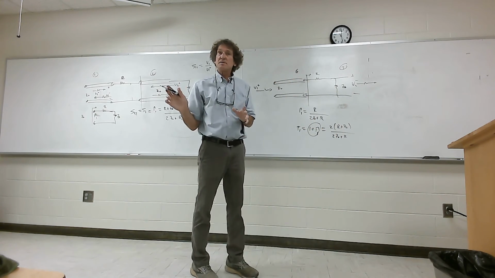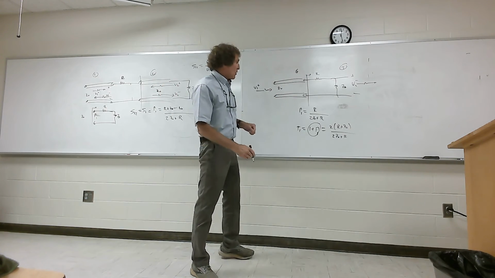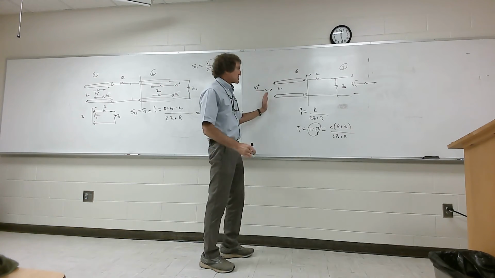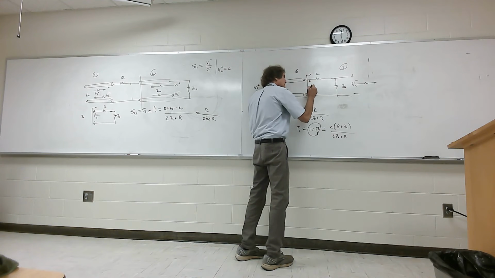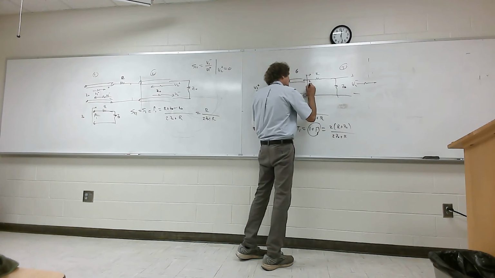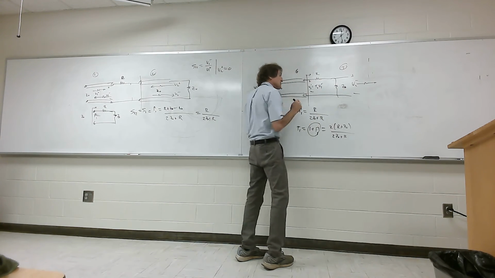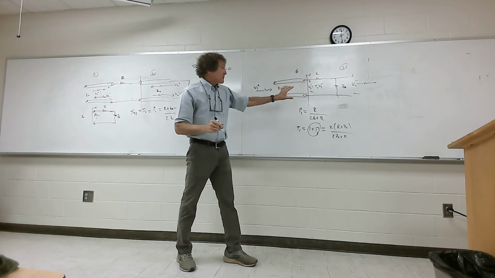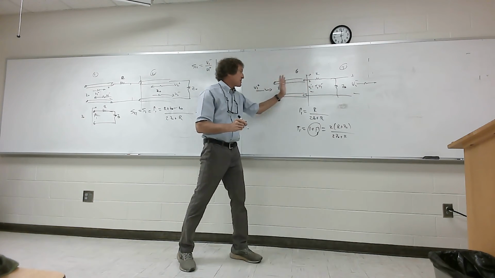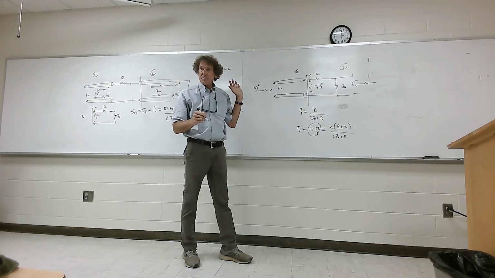You all follow me, class? Either one of those two is fit. Now, when I've got V1 plus coming in, the voltage just on the other side of that transmission line, I'll call it V1 prime, is equal to the transmission coefficient of port 1 times V1 plus. Do you all follow me? The voltage here is not the same here because some of that wave is reflected at that juncture. Make sense to everybody?